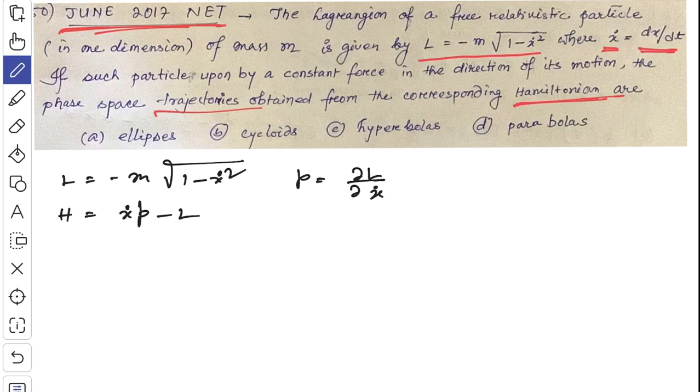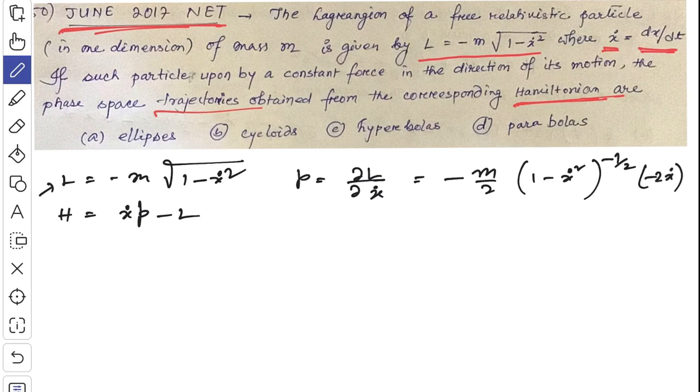P is equal to del L by del x dot. That is also an important relation. So if you find the derivative of L with respect to x dot, then what you're gonna have: minus m by 2 (1 minus x dot square) whole to the power minus half into minus 2x dot.